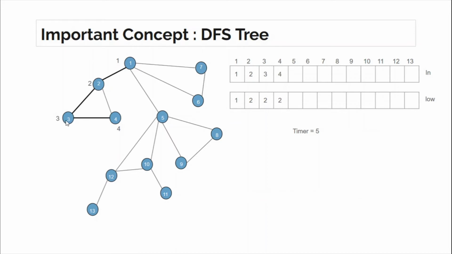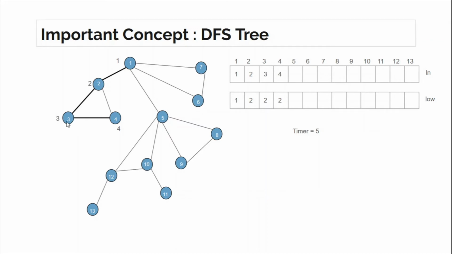So the edge which directly connects a node to its parent can never be used to update the low time of the current node. That is why initially the low time of node 3 was only 3. It was not equal to the in time of node 2, because this edge cannot minimize the low time of node 3. But these edges can minimize, because we are now not using the edge which connects node 3 to its parent, but a different path.